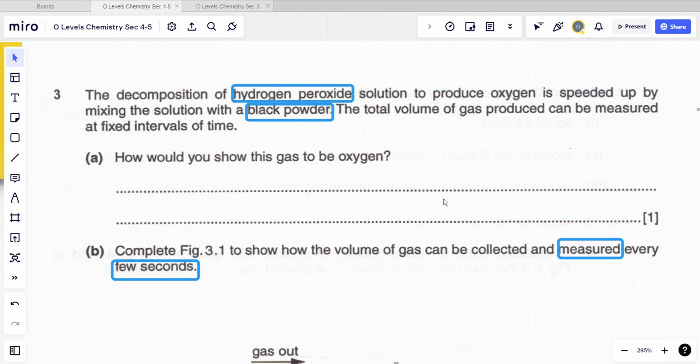And by the way, it has come up for practical exams quite a few times. Therefore, what will you observe? You will observe bubbles. It has come up many times in practical.